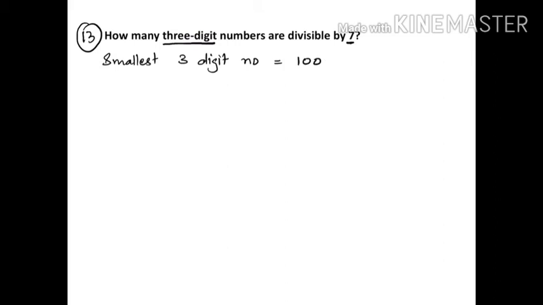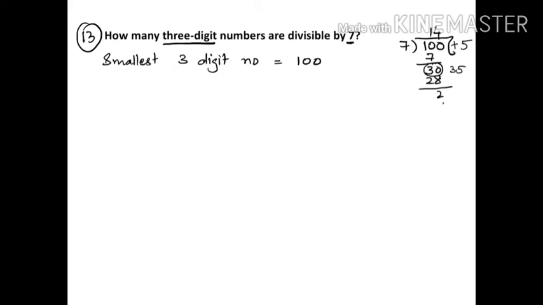To find the smallest 3-digit number that is divisible by 7, we will divide 100 by 7. So we get remainder 2. Now if this number was 35, then 7 5s are 35 would have given us remainder 0.